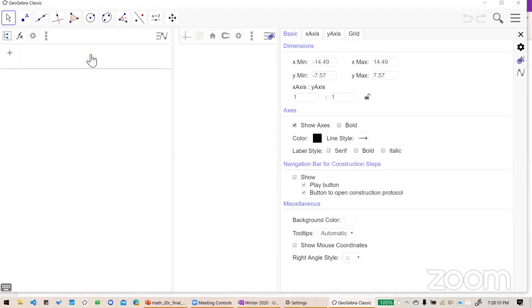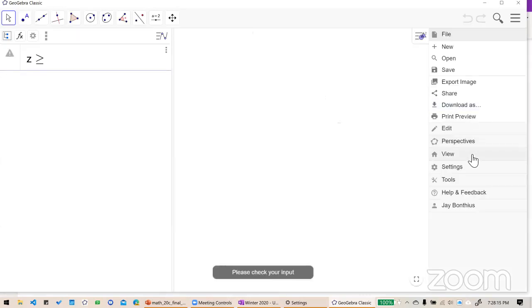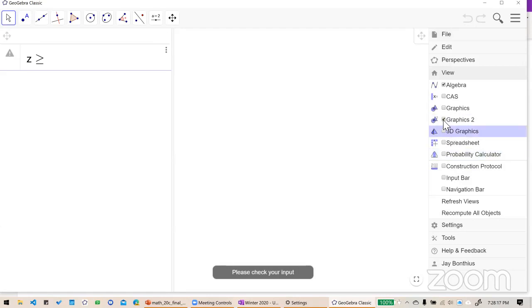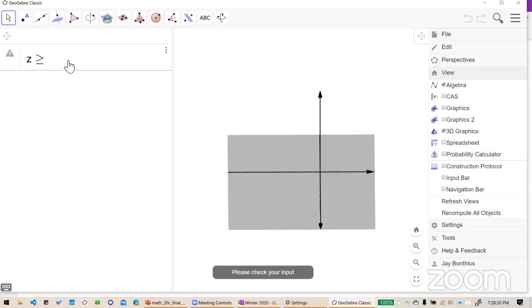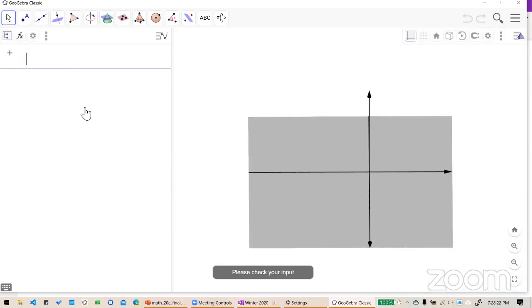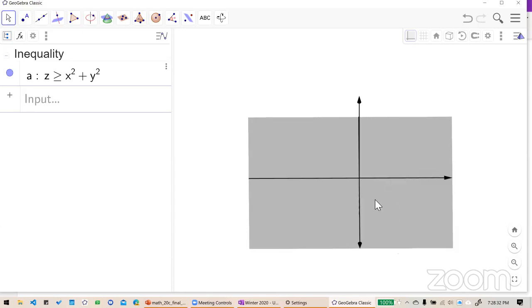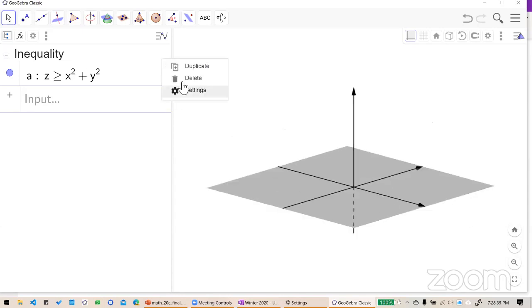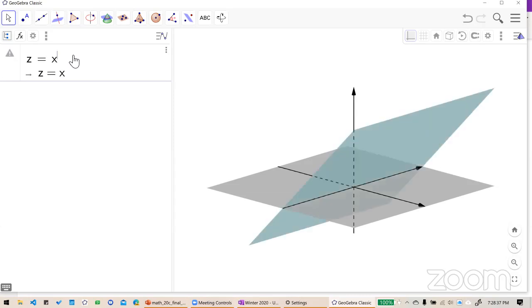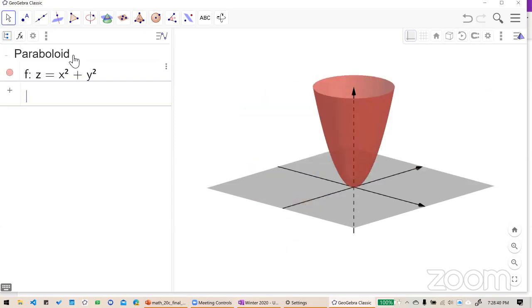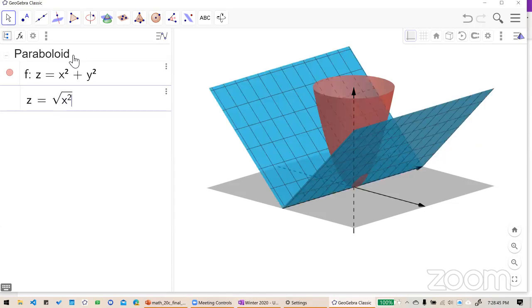Okay, so here we have z greater than or equal to x squared plus y squared. I need 3 dimensions, so view 3D graphics. I'll just graph both of these: z equals x squared plus y squared, and z equals the square root of x squared plus y squared.